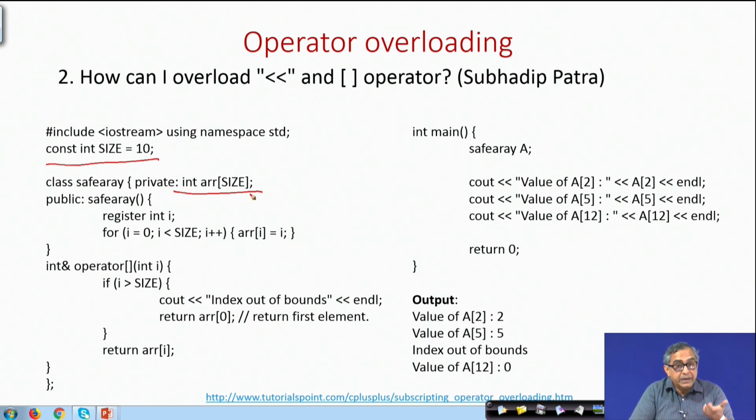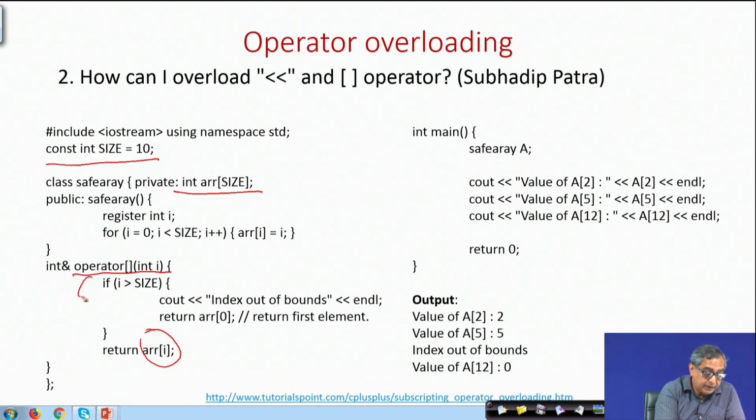Here what you can do is change this operator read, array read, to decide whether it actually reads a valid element or not. So, it has to return that element. ARR I is what it has to give, where ARR I is the actual array indexing that you do without overloading.